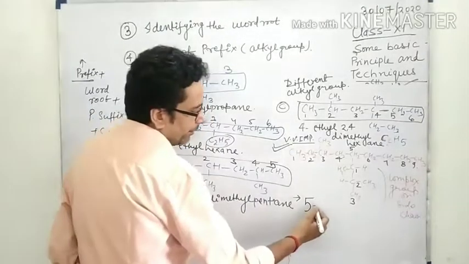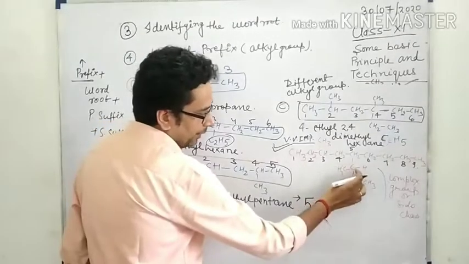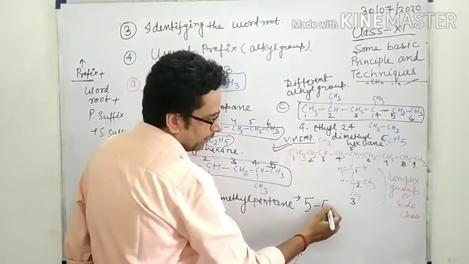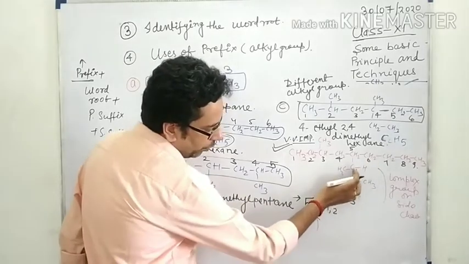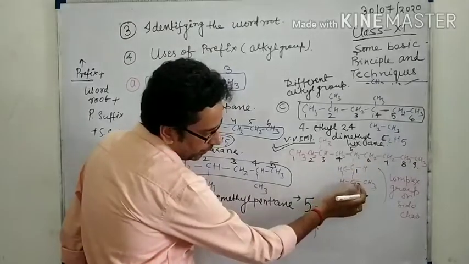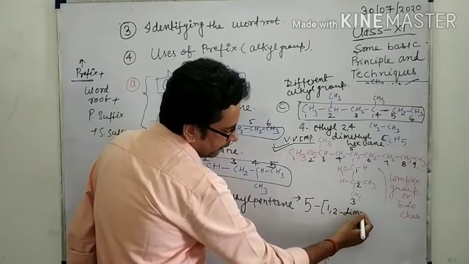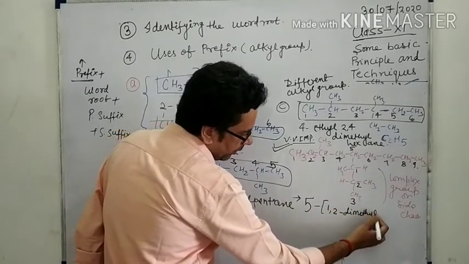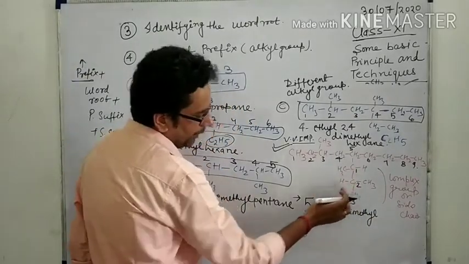Okay, look here, first 1, 2. Now look at this, 1, 2, 3. So 1, 2 dimethyl. Okay, and look here, 1, 2, 3.